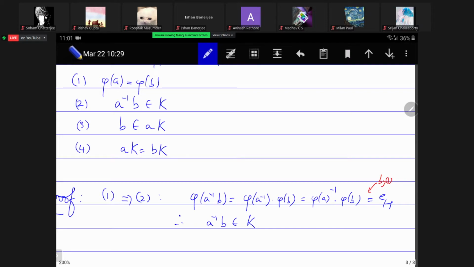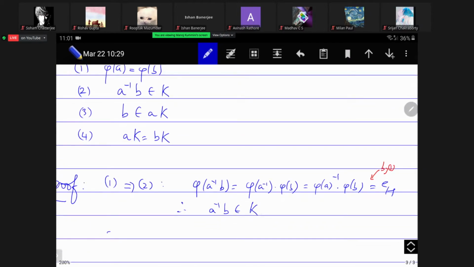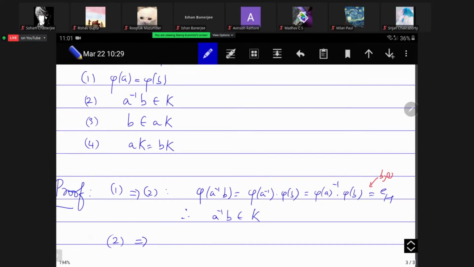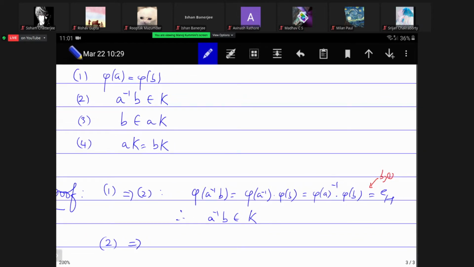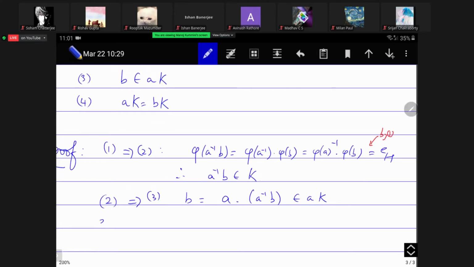Now two implies, sorry, I may not be writing this proof the most optimal way, but I still want to spend time on this topic. At the beginning of group theory, I would like to go a little slow. The second condition is A inverse B is inside K, and two implies three. B can be written as A times A inverse B, and that is inside A times K. That proves three.